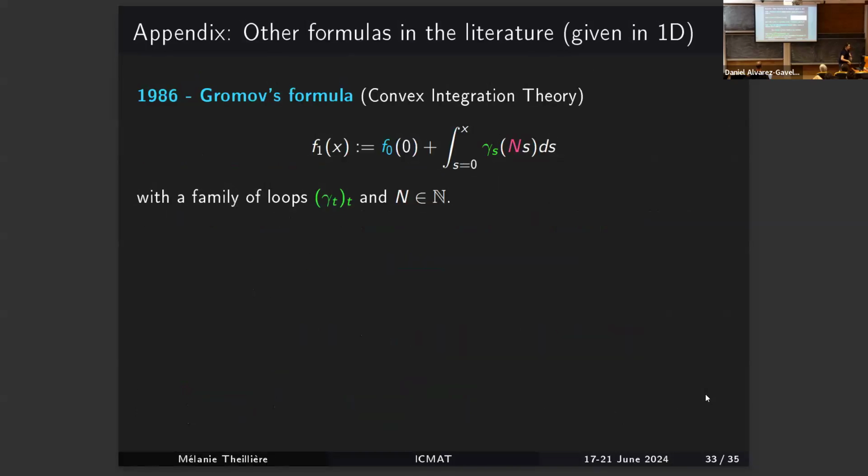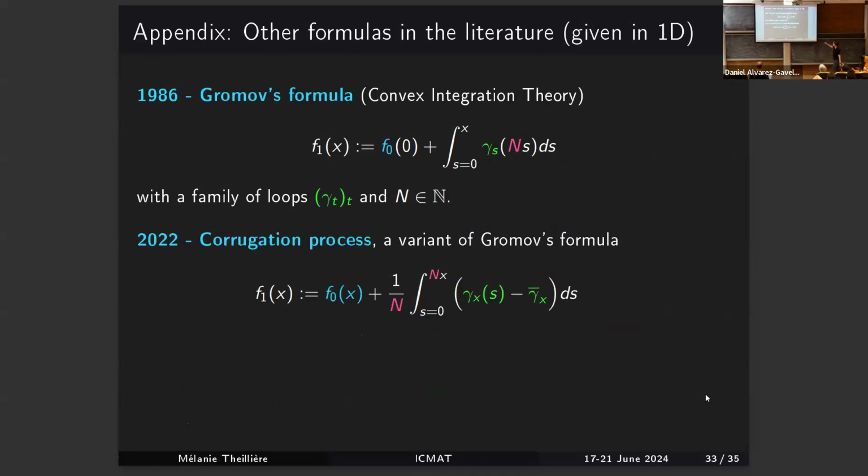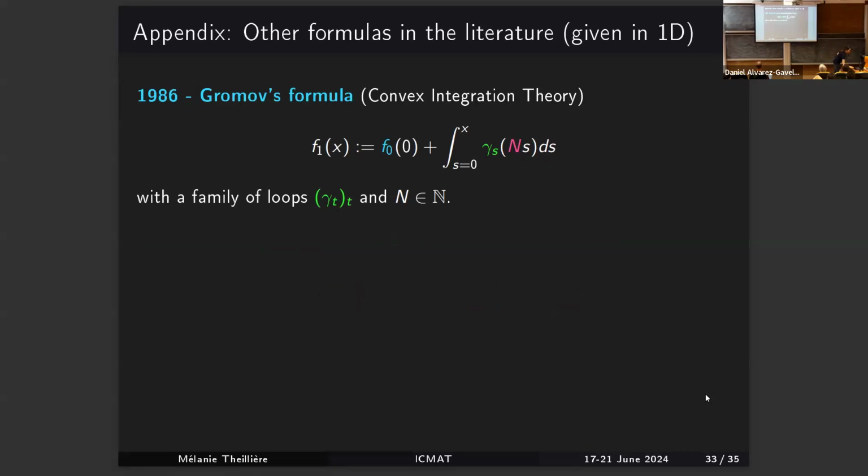In particular, in convex integration theory, Gromov used the following formula, where the new curve is given by the starting point of the previous curve, and you just integrate following a loop family until x. And in fact, the Gromov formula is equivalent to the corrugation process up to a big O of 1 over n to this power, which is the one we just saw previously.